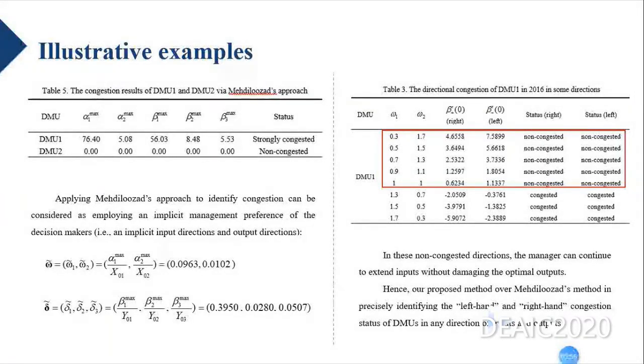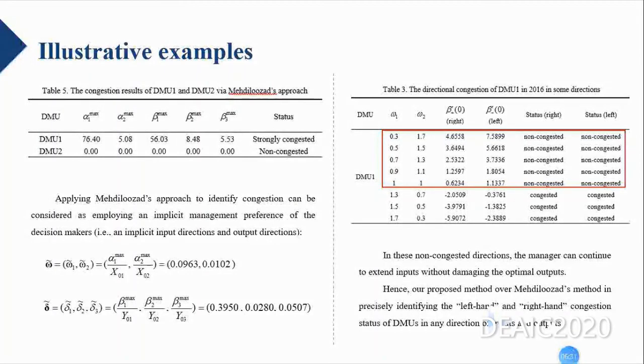For DMU1, assuming that the subjective management preference is to adjust staff and expenditures in an equal proportion and realize the improvement of the three outputs also in an equal proportion. In this case, the management preference is described in terms of equal changes in both input and output directions.